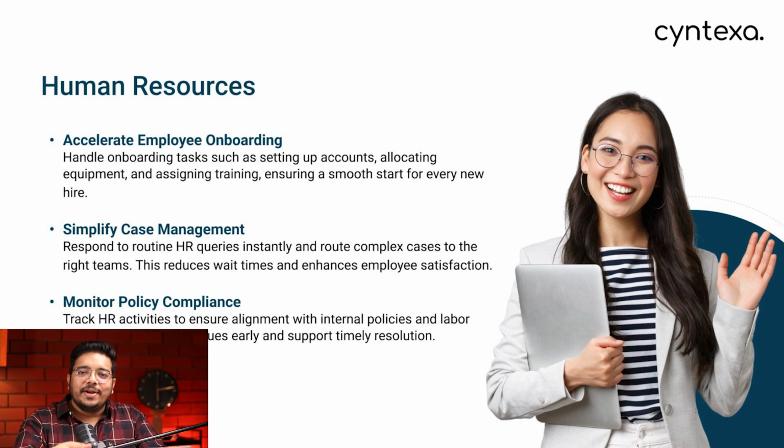IT might pick it up and say we need to provide VPN access to this individual, and some different AI agent might pick it up and say we need to make sure he has clarity on who he is reporting to and what all things he needs to do on a first month basis, things like that.